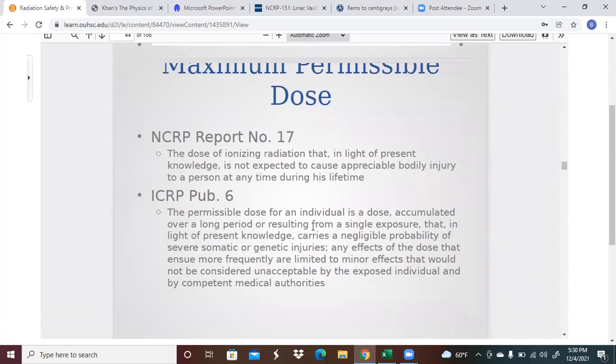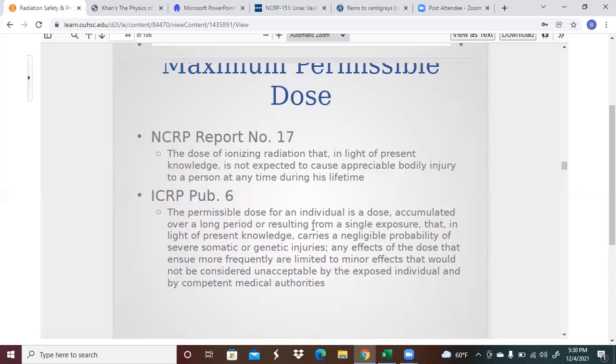So what is considered to be here the maximum permissible dose? Well, you've had NCRP report number 17, which is the dose of ionizing radiation that, in light of present knowledge, is not expected to cause appreciable bodily injury to a person at any time during his lifetime.